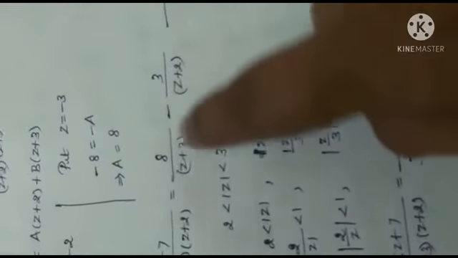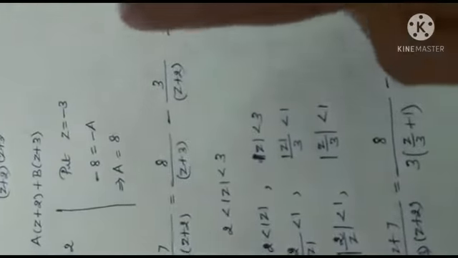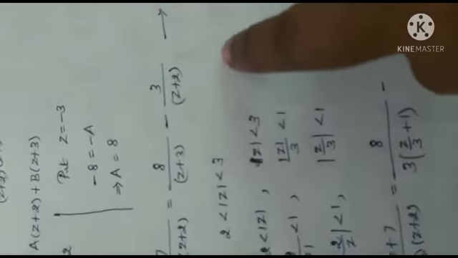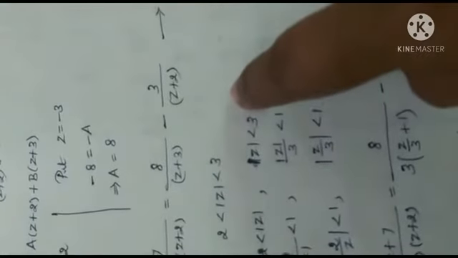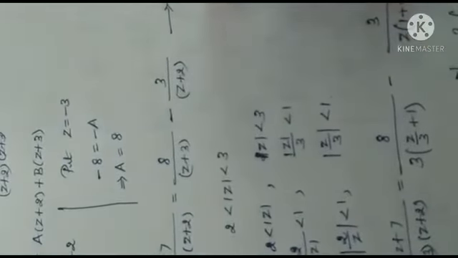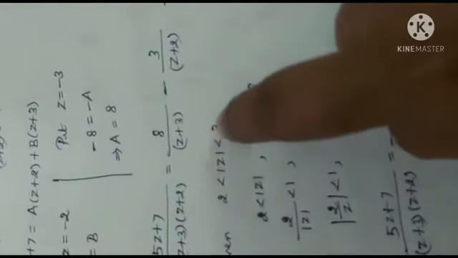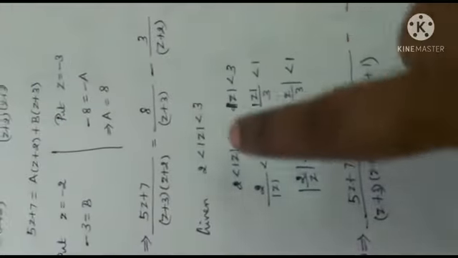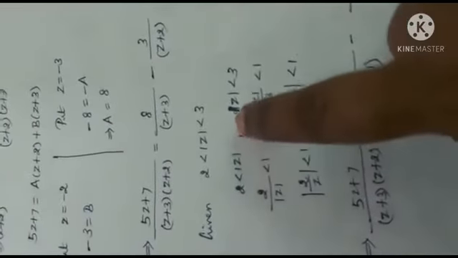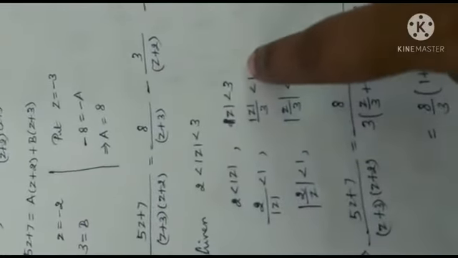And you know the condition. To expand these terms as a series, we have to get x, where modulus of x is less than 1, right? This is our region. So from this region you have to get what your x is, so that you can use binomial expansion. 2 less than mod z less than 3 can be written as 2 less than mod z, and mod z less than 3.